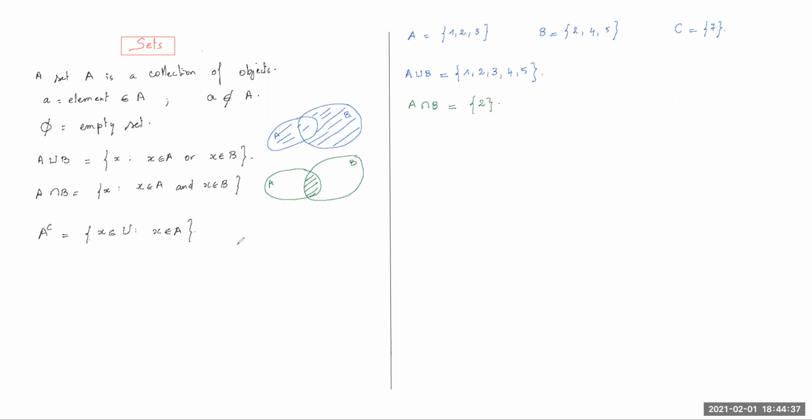Let's say we have this set U and our A is inside. Then the complementary will be this part, the outside. This is the complementary of A.